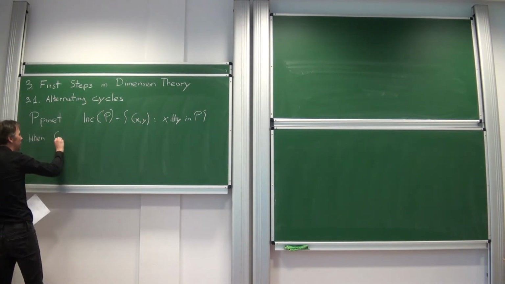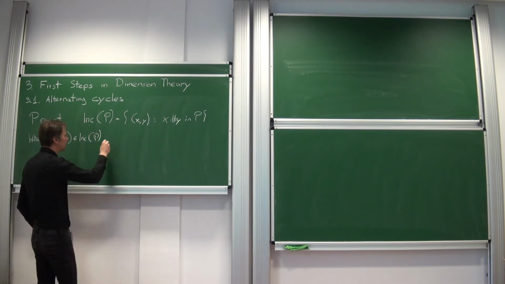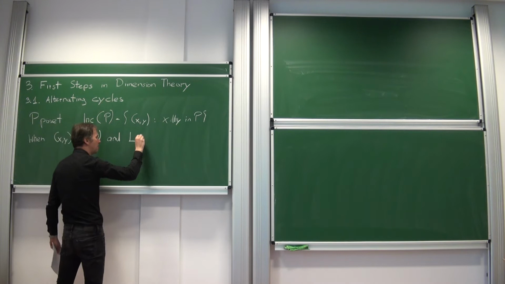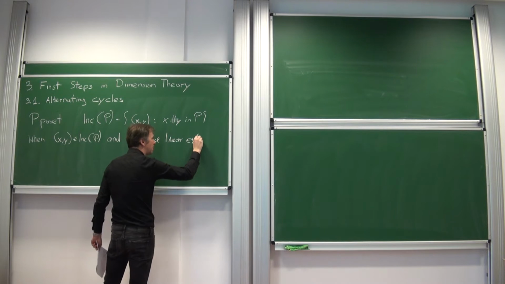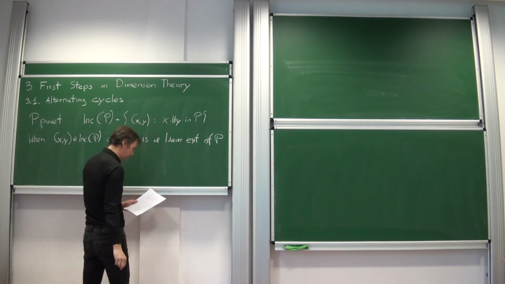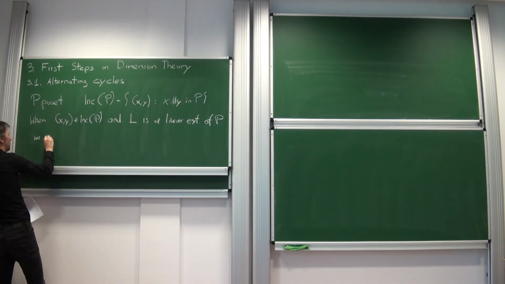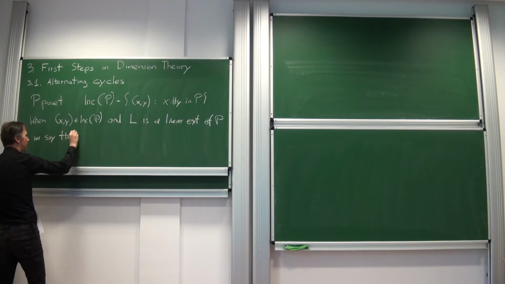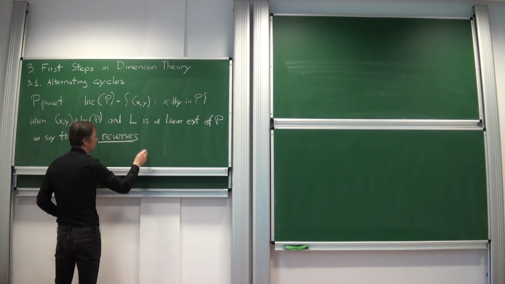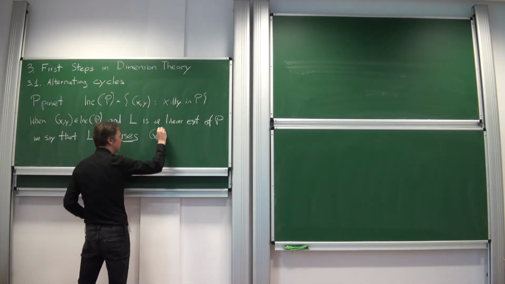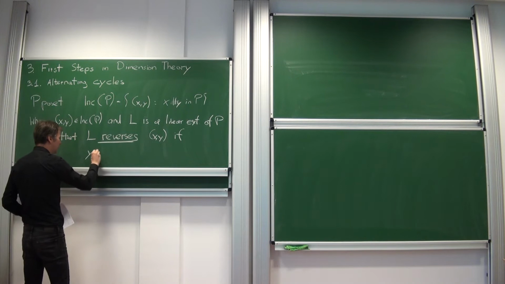When we have an incomparable pair in a poset, and we have a linear extension L, then we will say that L reverses (x, y) if it happens what we expect to happen.